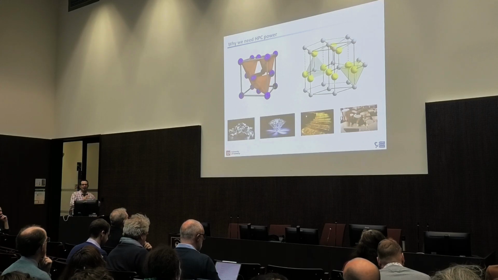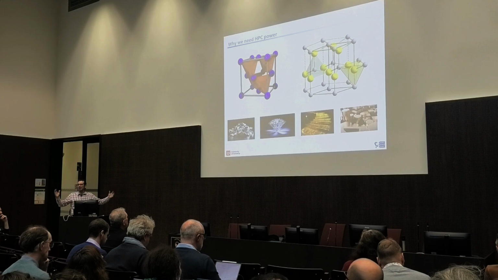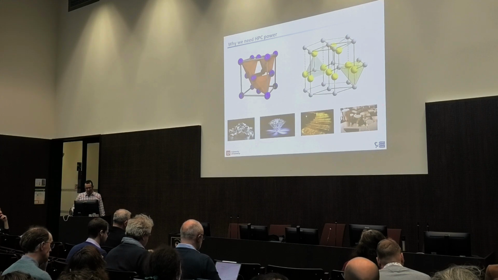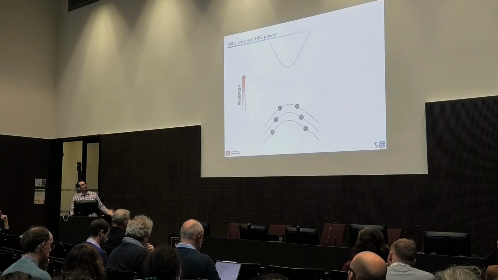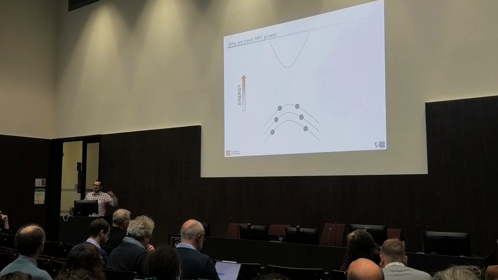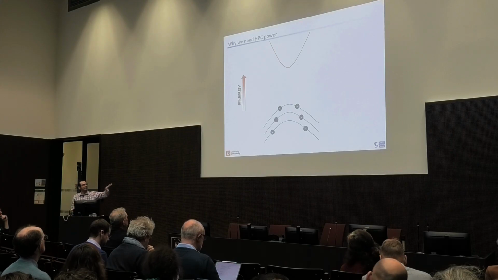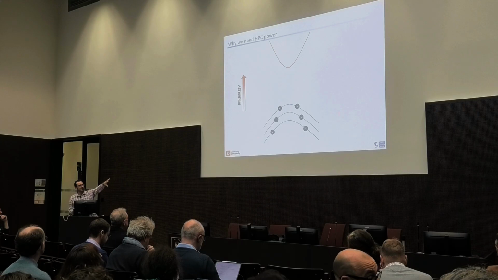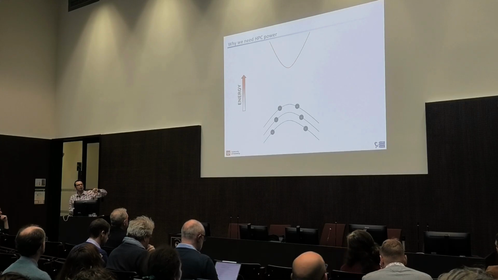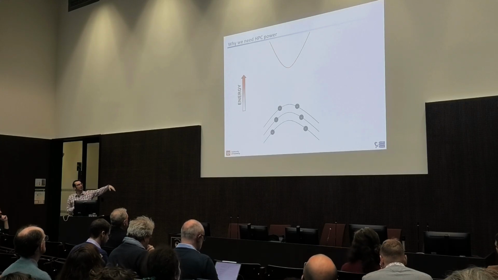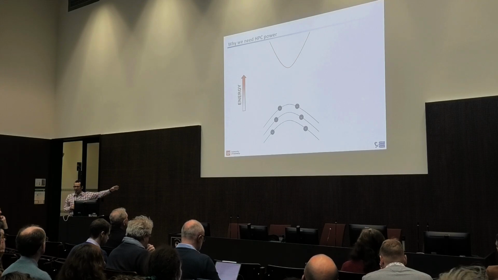We have different materials with different arrangements of different elements. This is the very basic picture of the electrons in these elements. This is for a semiconductor. For example, in silicon, electrons are arranged in this way.